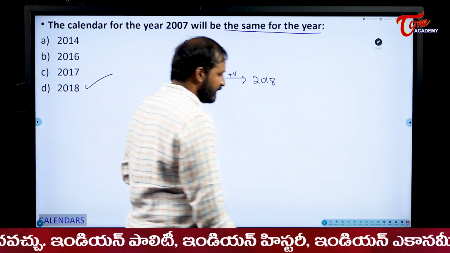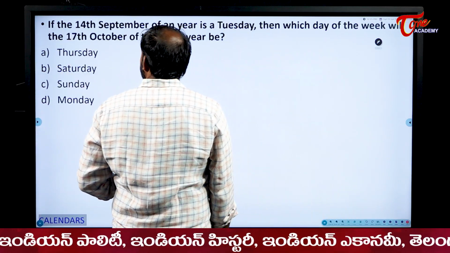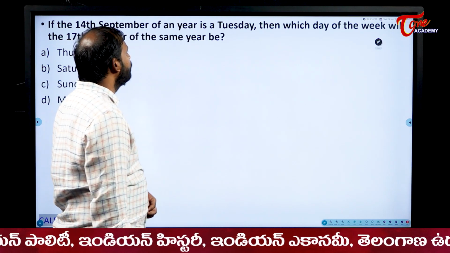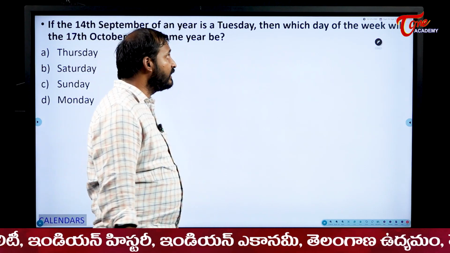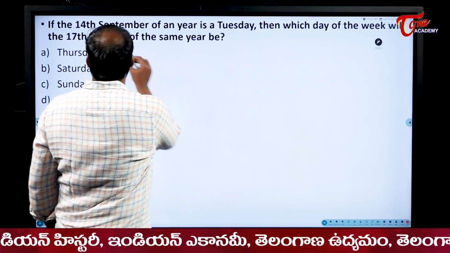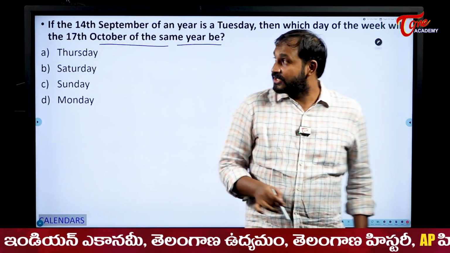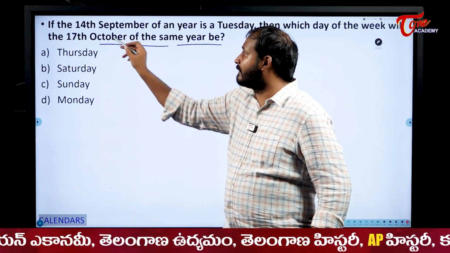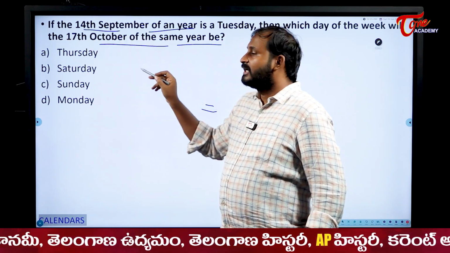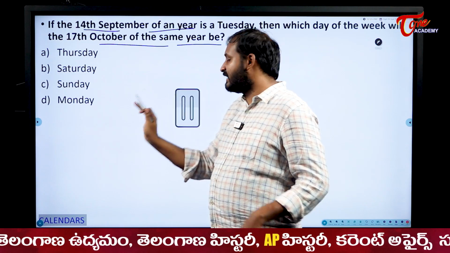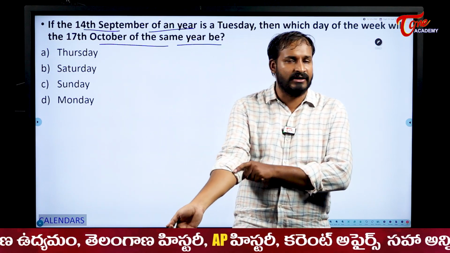Next one. If the 14th September of a year is Tuesday, then which day of the week will be 17th October of the same year? Now see here what they are telling, 14th September of a year. Do we require here whether the year is a leap year or not? No. Why?